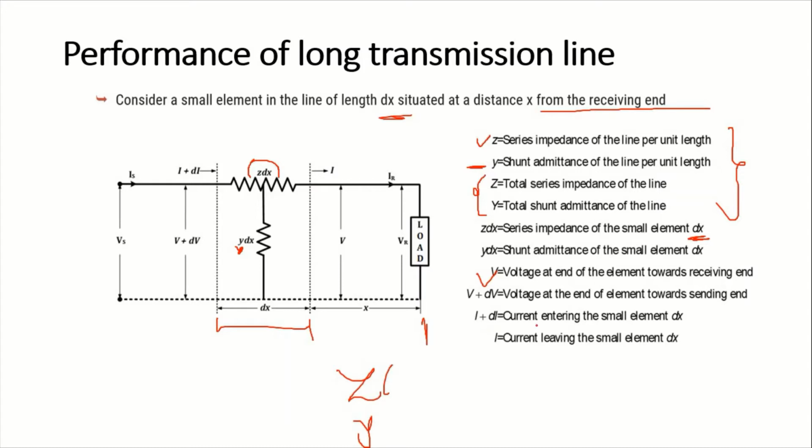Now I plus dI is the current entering the small element dx. Here I plus dI is the current entering from the sending end side, and I is the current leaving the small element dx.